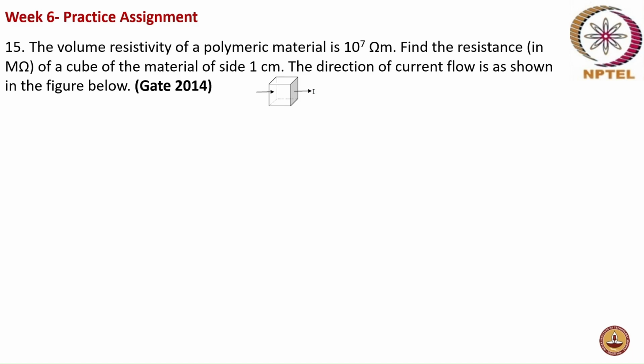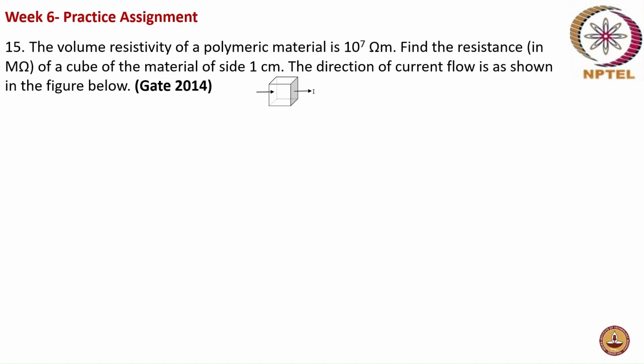How do you proceed? They have given the resistivity and the side of the cube as 1 centimeter. They have asked for the resistance. How do you find it? This is a very simple question.